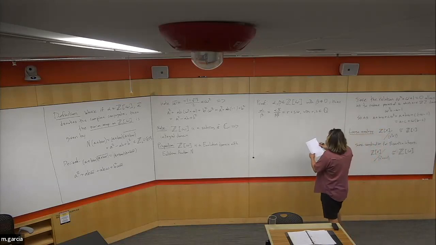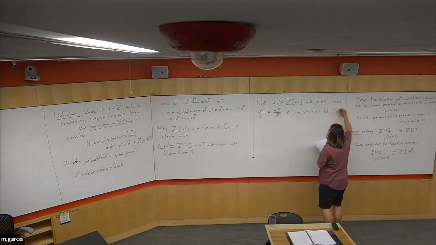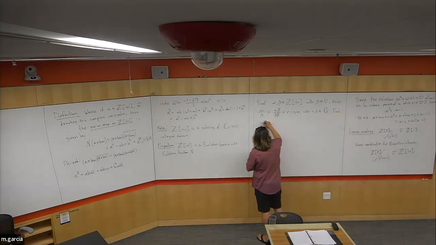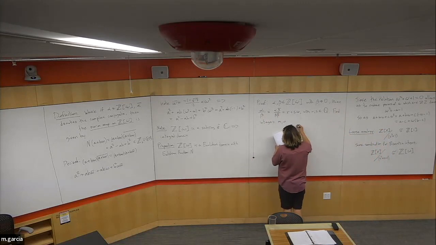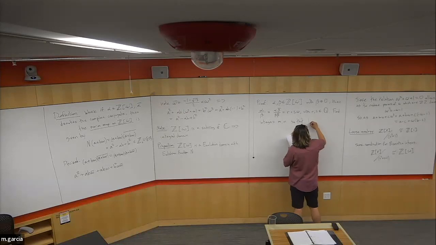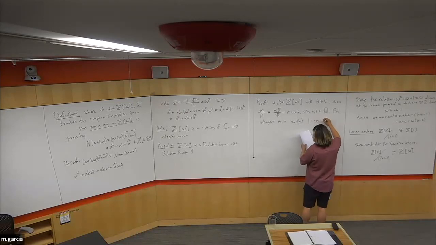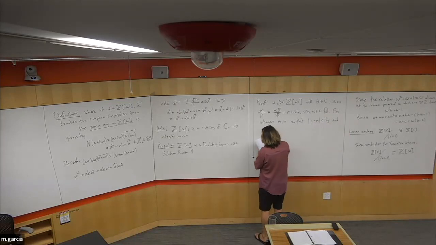Now I want to find integers m and n so that the absolute value of r minus m is less than or equal to 1/2, and s minus n in absolute value is less than or equal to 1/2.